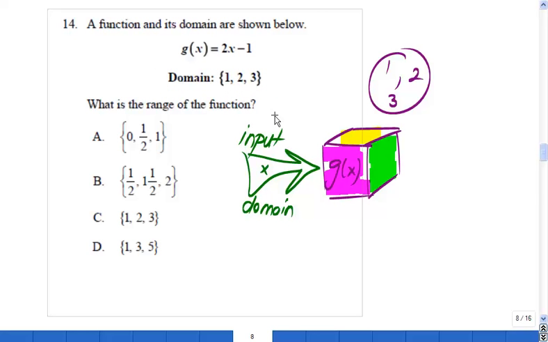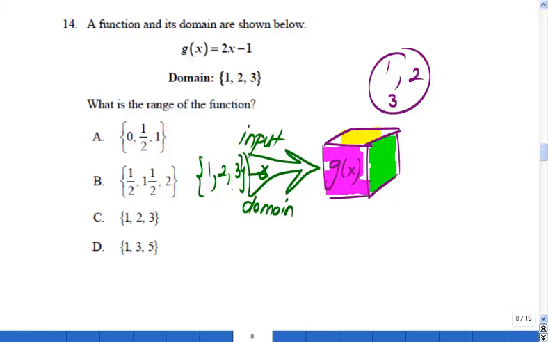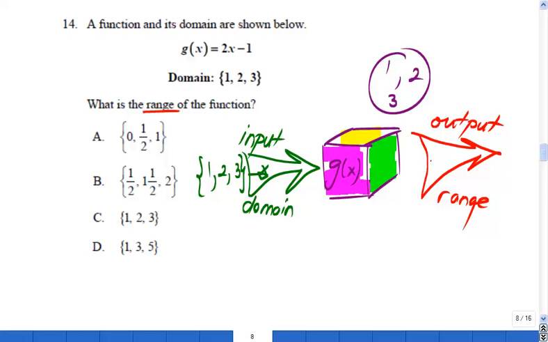Inside this box, you're gonna put your 1, your 2, and your 3. They will just go inside the box. The question is, what is coming outside? Okay, what is the output? The output will give you your range, okay, or your y's. They're coming outside.